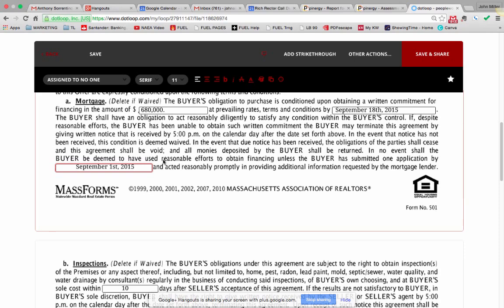See? If they wait until September 17th to apply for financing, then they haven't really given themselves enough time. You see what I'm saying? They should apply right away. Right. So that's important.